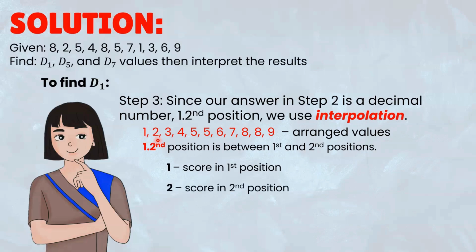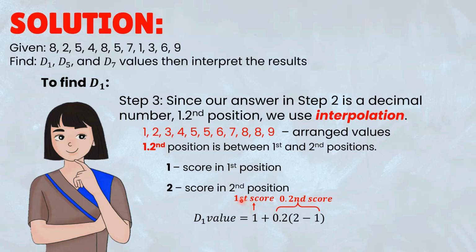Okay. So to get the score which corresponds to 1.2 position, we have to add the first score plus the 0.2 score. So decile 1 value is equal to 1 plus 0.2 times the quantity 2 minus 1. 1 here is our first score, and 0.2 times the quantity 2 minus 1 corresponds to our 0.2 score.